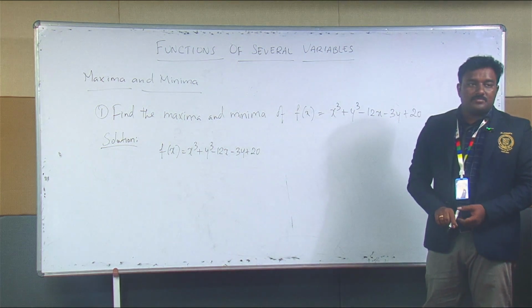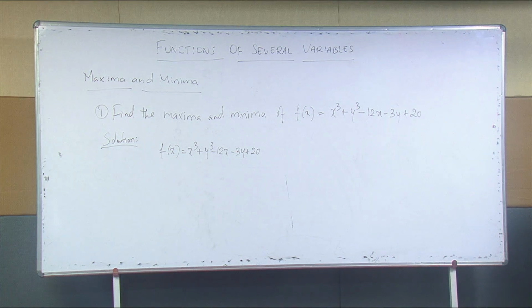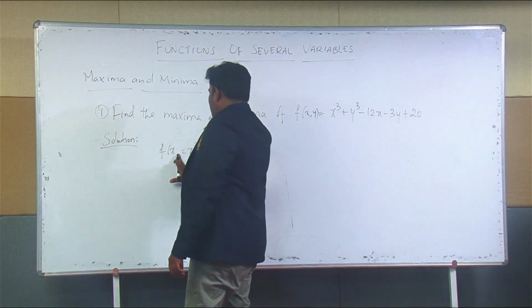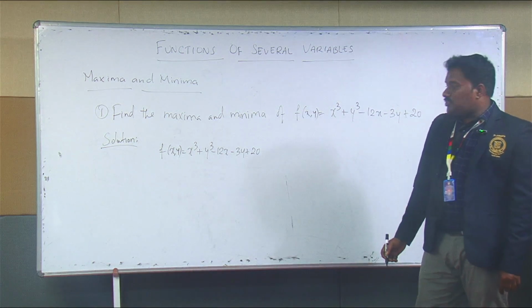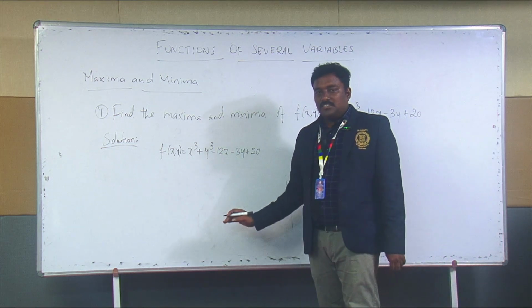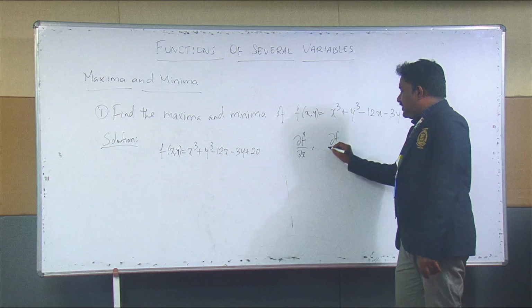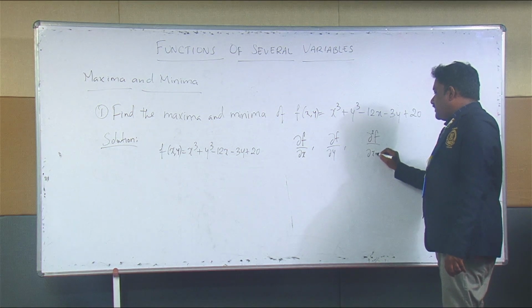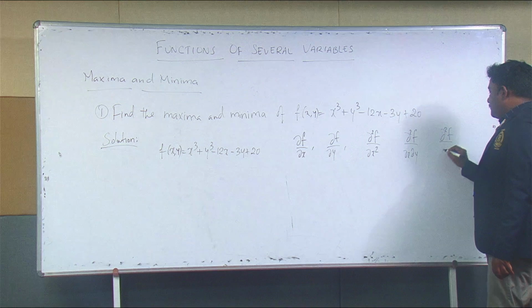The working procedure is as follows. For the given function f of x comma y equal to x power 3 plus y power 3 minus 12x minus 3y plus 20, we have to find the partial derivatives dou f by dou x and dou f by dou y, then the second order derivatives dou square f by dou x square, dou square f by dou x dou y, and dou square f by dou y square.